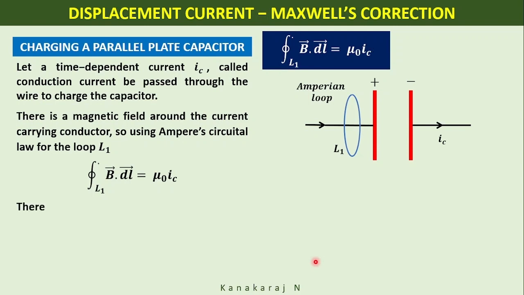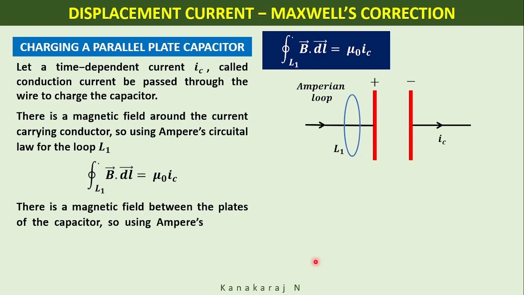There is a magnetic field between the plates of a capacitor. So, using Ampere's circuit law for the loop L2, when we keep a magnetic needle between the plates of a parallel plate capacitor, the magnetic needle deflects. Thereby we confirm that there is a magnetic field between the two plates of the capacitor.